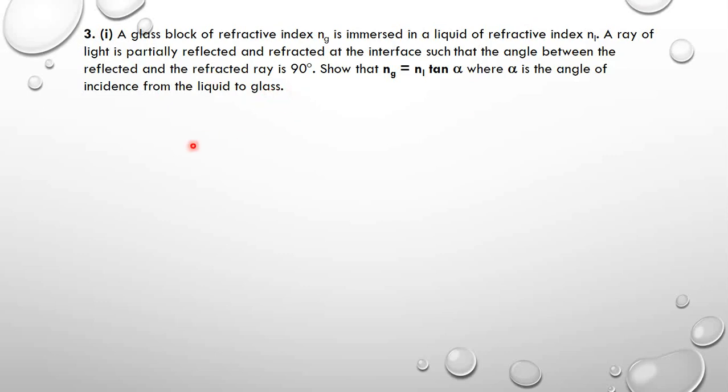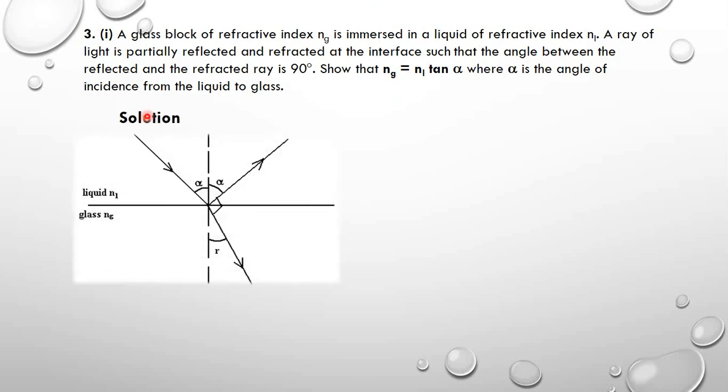Show that N_g is equal to N_l tan alpha, where alpha is the angle of incidence from the liquid to glass. So they want us to show this. So this is the setup or the illustration. The angle of incidence is alpha, so the angle of reflection is also going to be alpha by the second law of reflection.